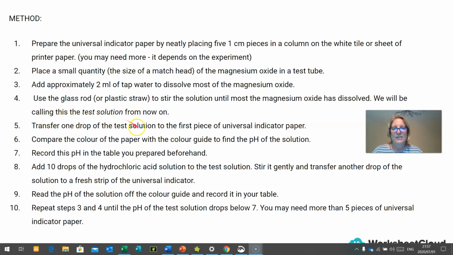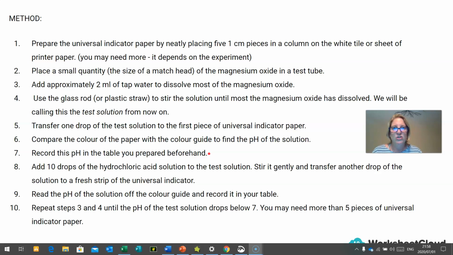Transfer 1 drop of the test solution to the first universal indicator paper, and then compare the color of the indicator paper to the color guide available for the pH. It is important to record this pH before you continue with the experiment.